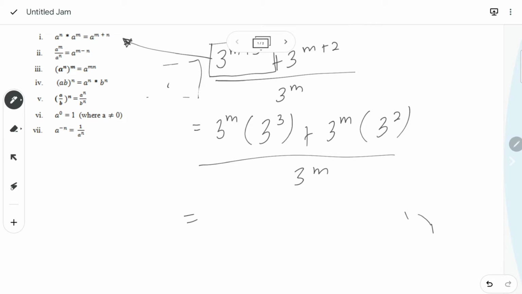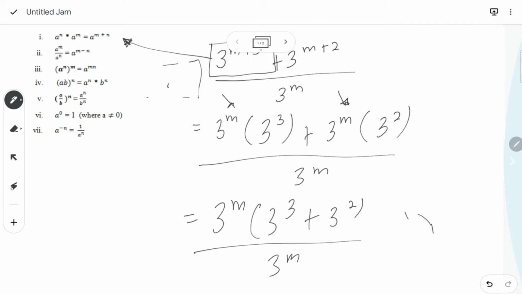Now we have the same variable here and here, so you can factorize it: 3 cube plus 3 squared over 3 to the power of m. You just cancel down and up the value of 3 cube plus 3 squared, which is calculator, and you're going to get 36. So that's your final answer.